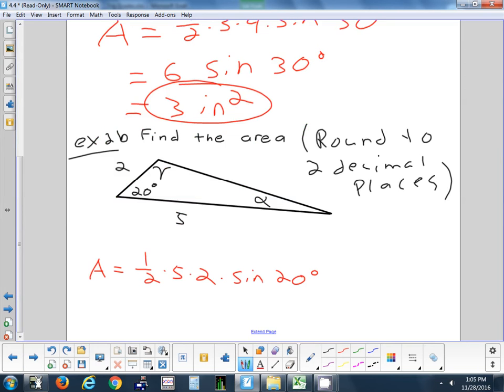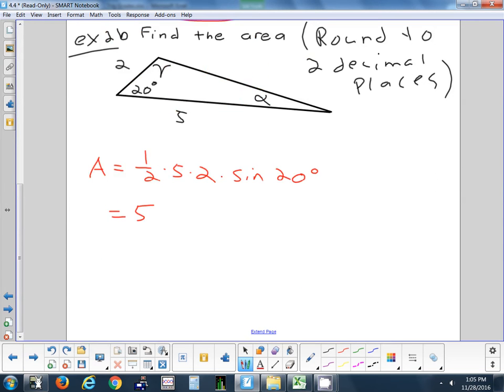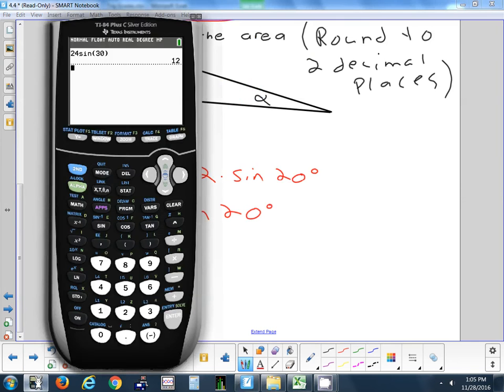Any questions on the setup? Okay, now we'll type it in, but if we can do a little bit of it in our head, we can start it. Brendan, what's 5 times 2? And then half of that? 5. Okay, and it says round, so I'm going to put the symbol. That means I rounded it off. 5 sine 20.